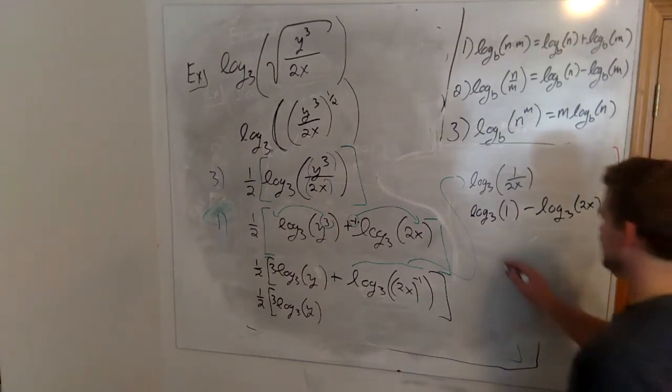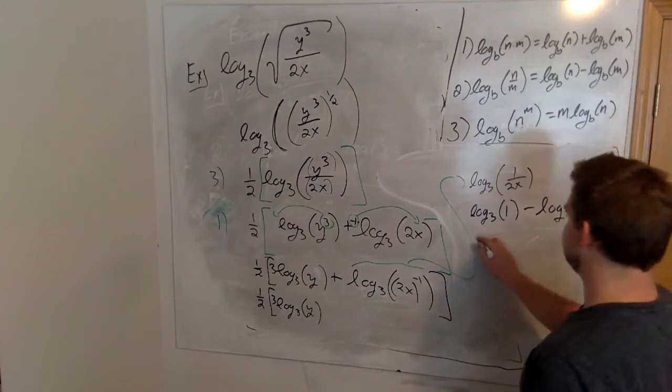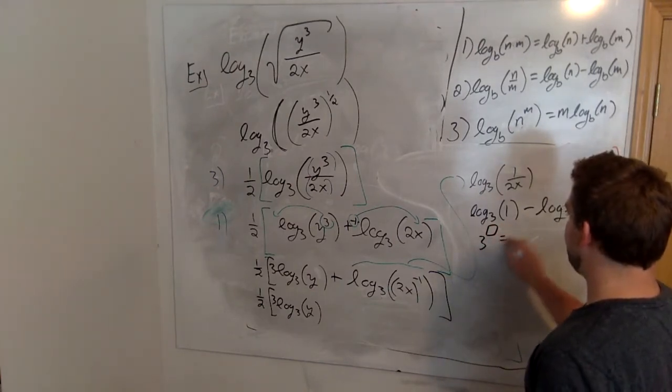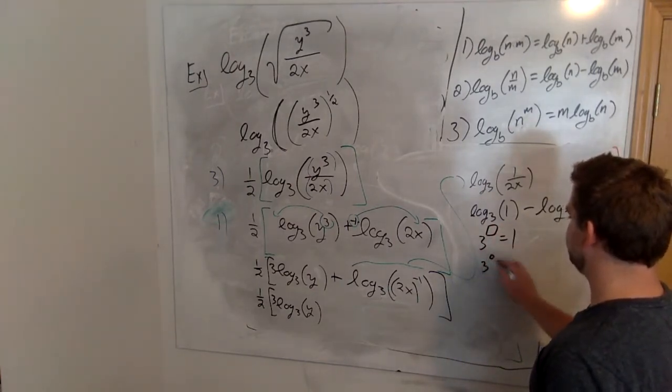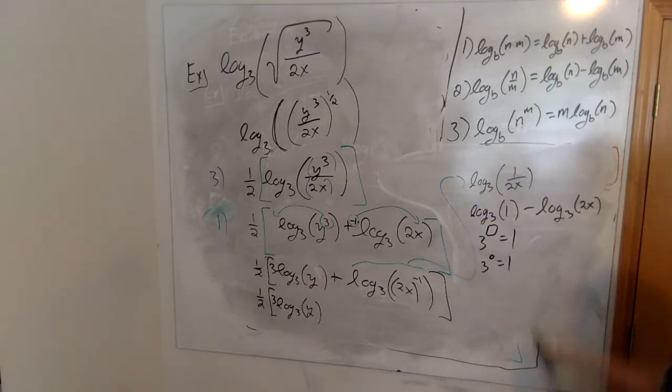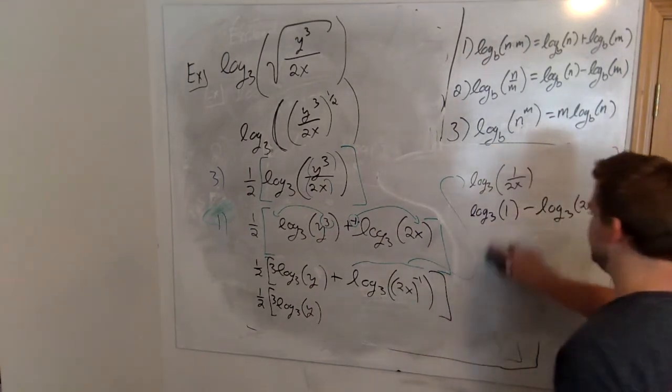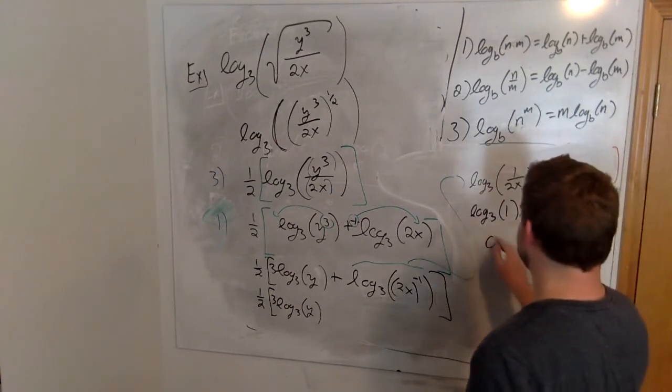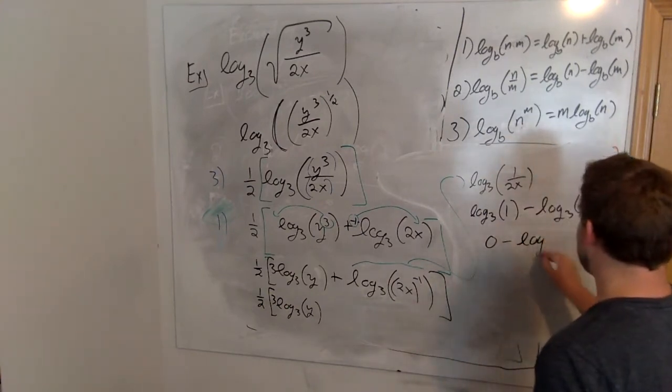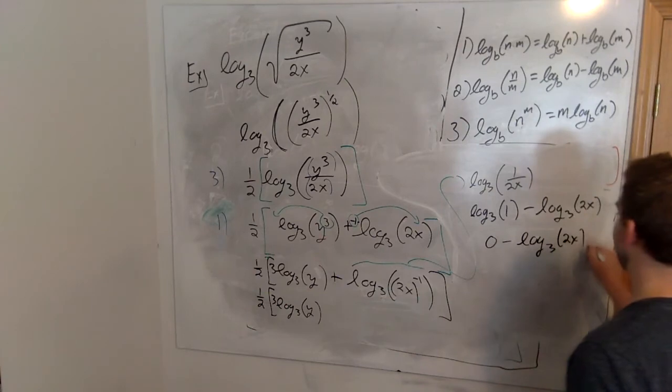Well, what is this saying? This is saying 3 to what power gives you 1? I hope you believe that 3 to the 0 gives you 1. So log base 3 of 1 is 0. So this is 0 minus log base 3 of 2x.